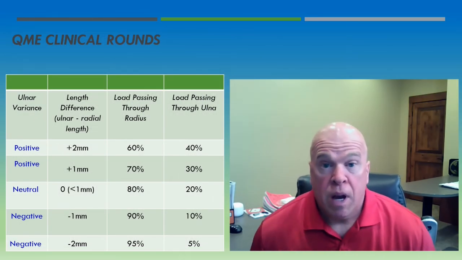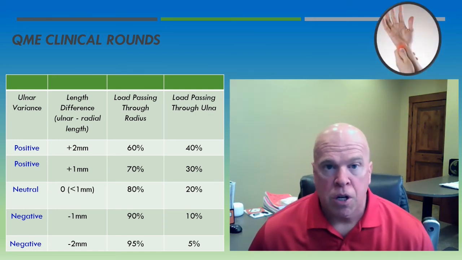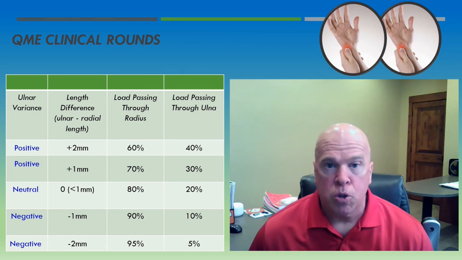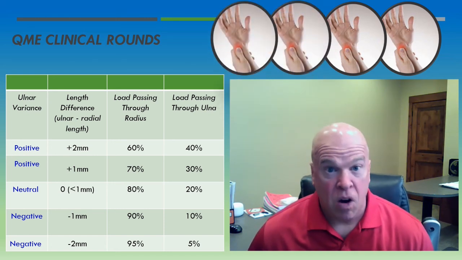Okay, so here we have a table that depicts how forces are transmitted across the radiocarpal and ulnocarpal joints depending upon the variance of the ulna.